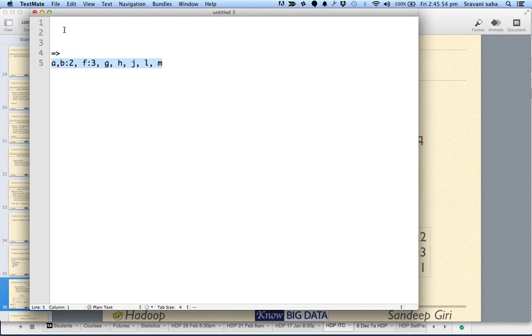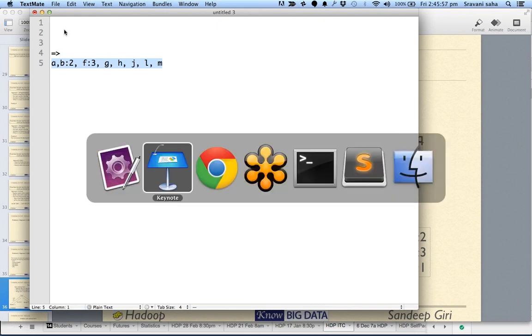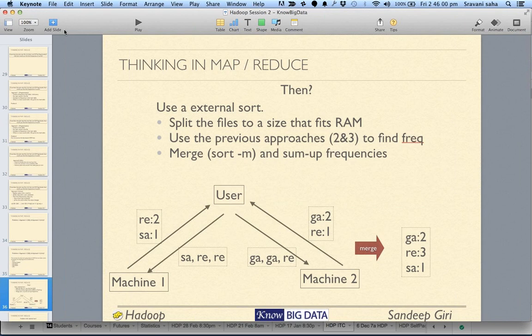There could have been another approach where, while reading the text itself, we keep on dividing it across many machines.